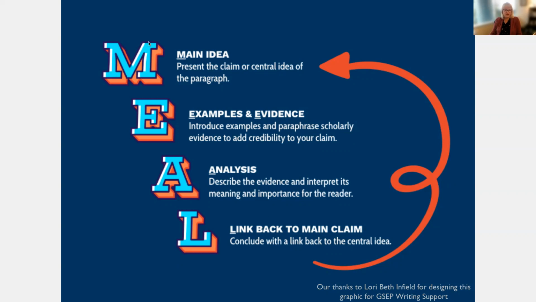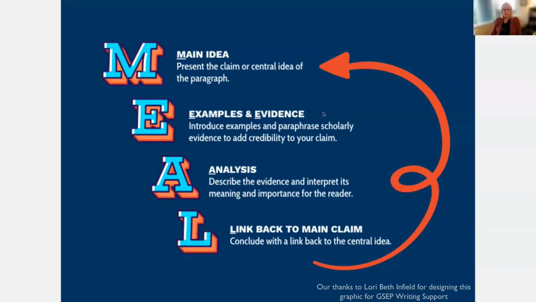So in a paragraph of, I don't know, 5 to 8 sentences, the first sentence would be your main idea, where you present the claim or central idea of the paragraph. You might have a citation here, but you might not. If you just state the basics of your topic in this paragraph, you might not need a citation.